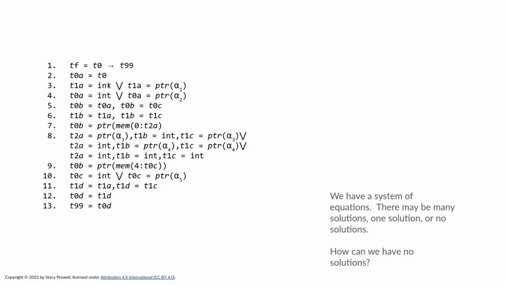Maybe I could choose this to be an int or a pointer, and everything else will work just fine. That would be okay. Or there could be zero solutions to this. How could there be zero solutions to this system of type equations that I derived from a real program? Think about that one. Could there be zero solutions? And how could there be zero solutions? Something fun for you to ponder.